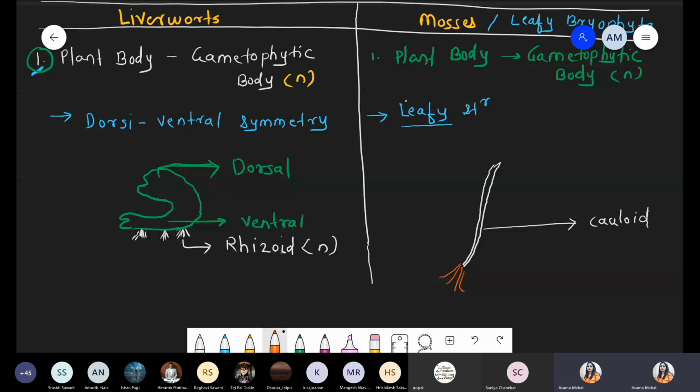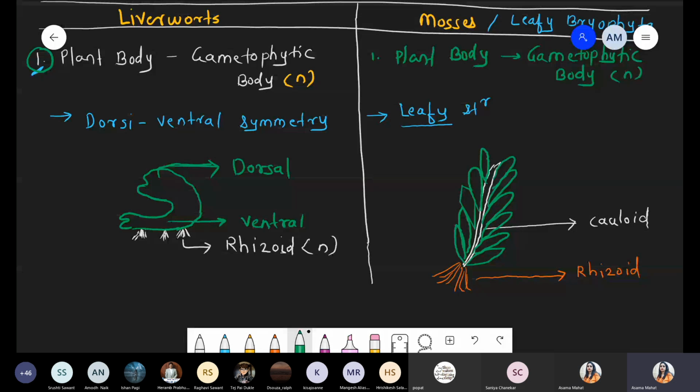At the base there is a root-like structure, called rhizoid. Then a leaf-like structure, the phylloid.